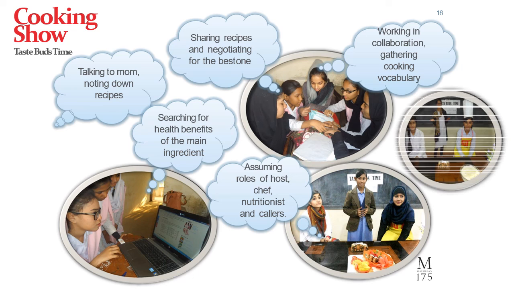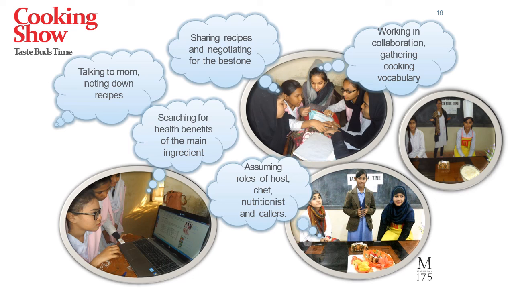and colors. Then, well, we notice the process of this learning. First of all, we have to talk about and note down our recipes. That includes the previous information. Then in the class, the students have to share the recipes and information among them.